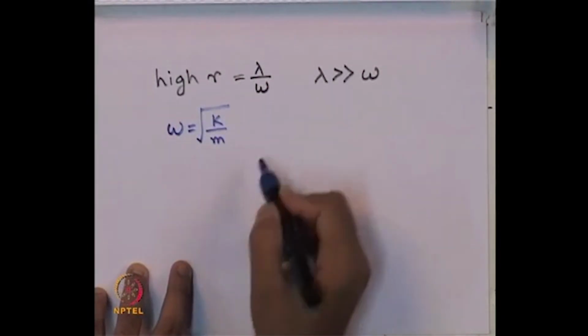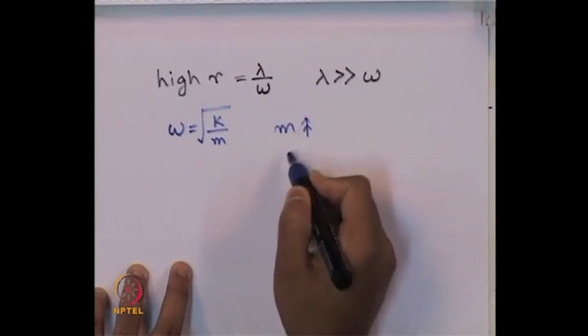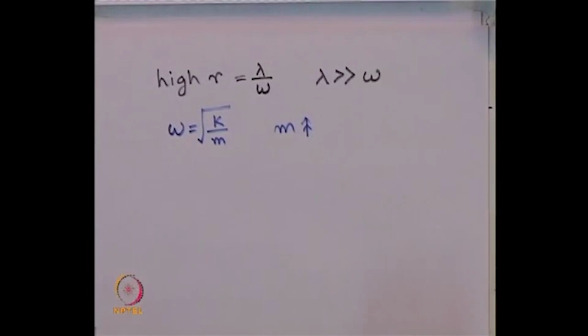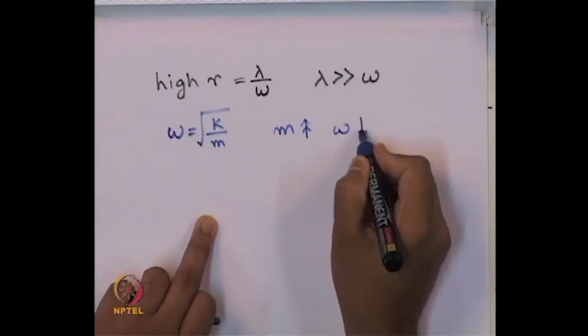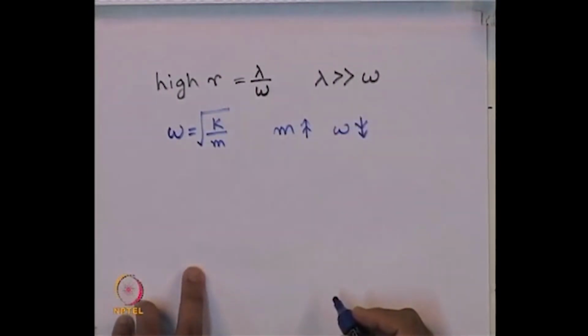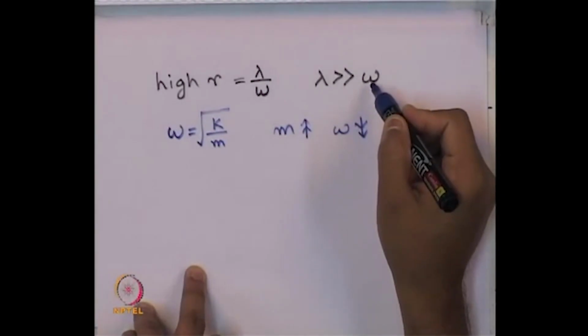So, if we want lambda to be very high compared to the natural frequency of the system, what should we do? See, natural frequency is again root over k by m. If we increase the mass of the foundation very high, automatically our natural frequency will decrease. That will give us finally this condition.